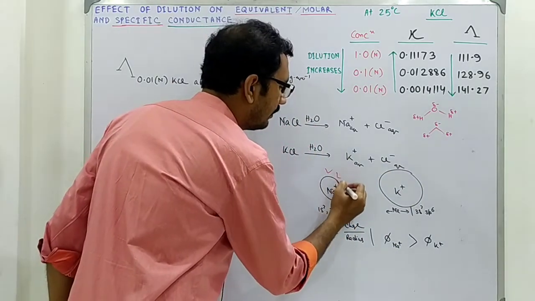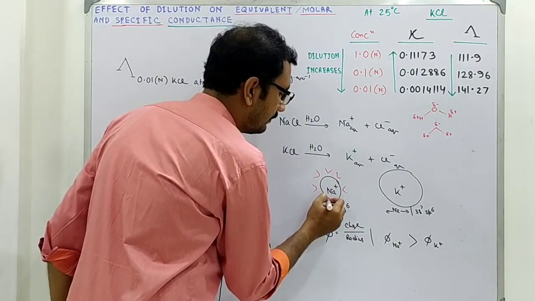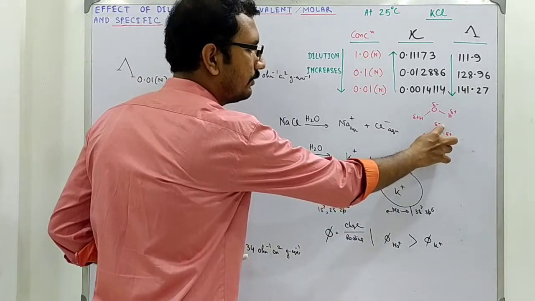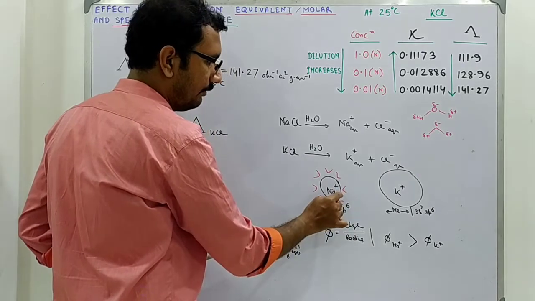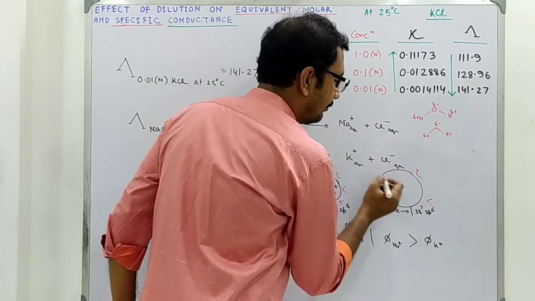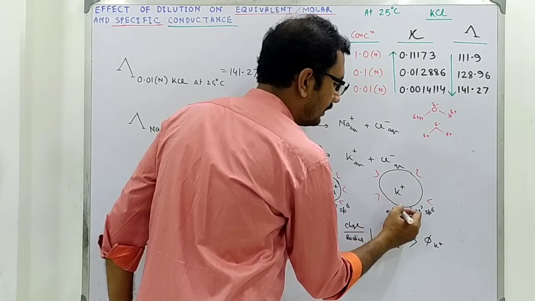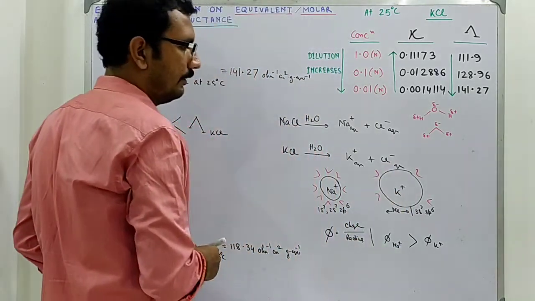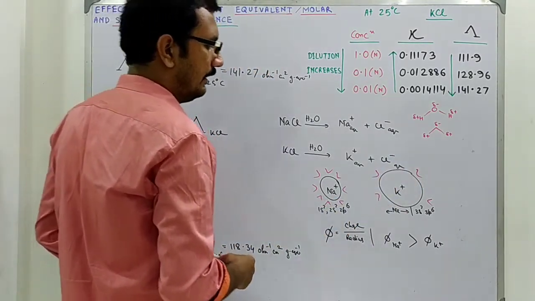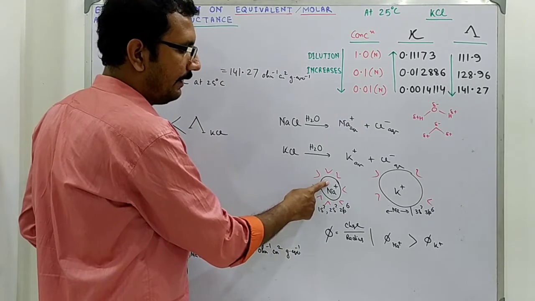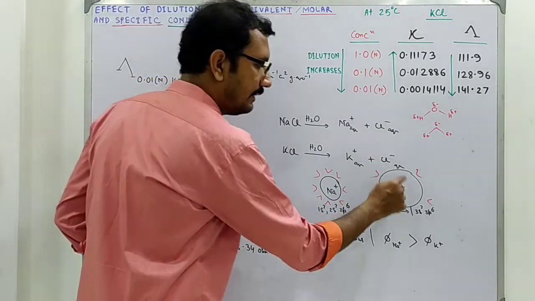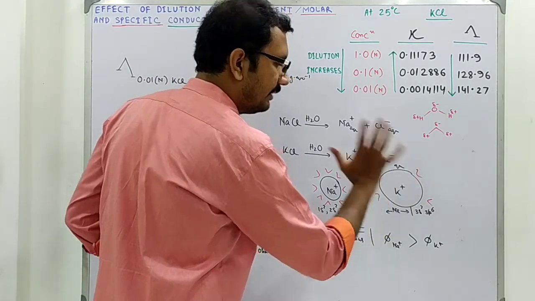So, it will be hydrated like this. The negatively charged poles will surround this cation, and here also potassium will be surrounded by water molecules. Now, see here the charge density is greater, so the extent of hydration will be greater. Here the charge density is less, so the extent of hydration will be less.